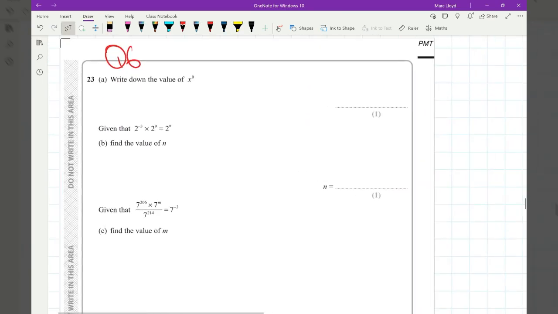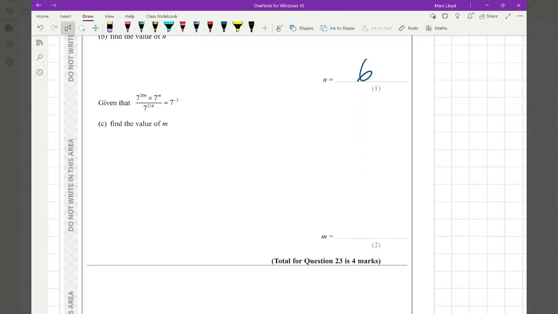Okay, question 6. Anything to the power of 0 is 1. Given that this is this, work out the value of n: n minus 3 plus 9 equals 6, so n equals 6. Then 206 plus m, take away 214 is equal to minus 3.